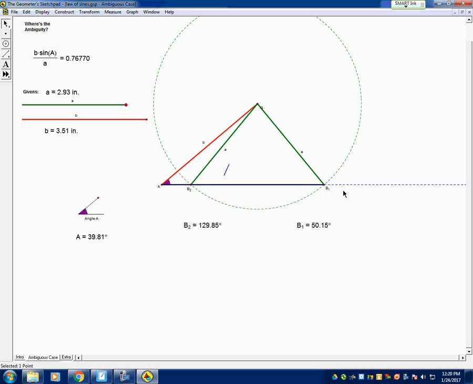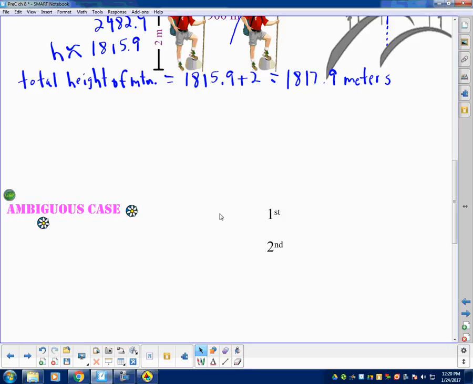So, going back to the notes here, we have some options. We could have 0 triangles with the given information. It's possible, this goes back to geometry, that I could hand you 2 lengths and an angle that won't constitute a triangle.